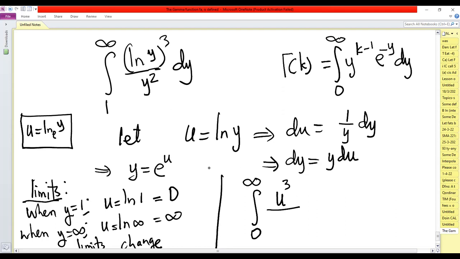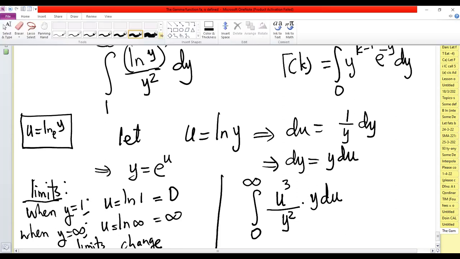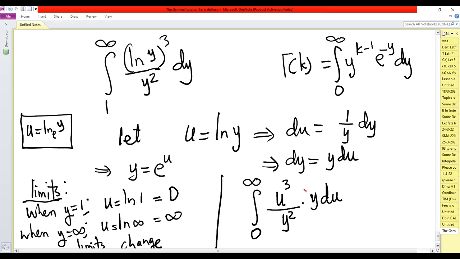And dy is given by y du, so I cancel this y with one y here, and I have the integral from 0 to infinity of u to the power 3 du divided by y.